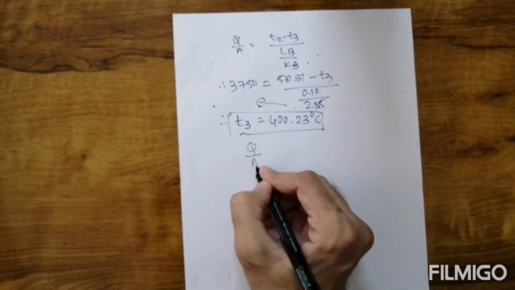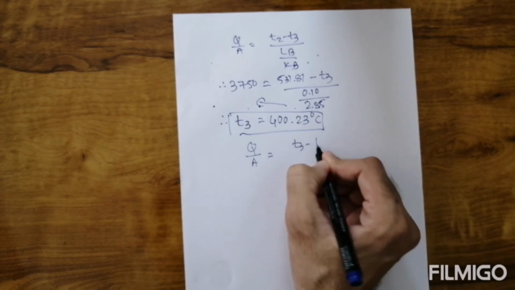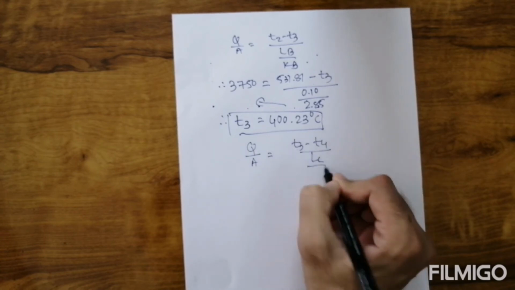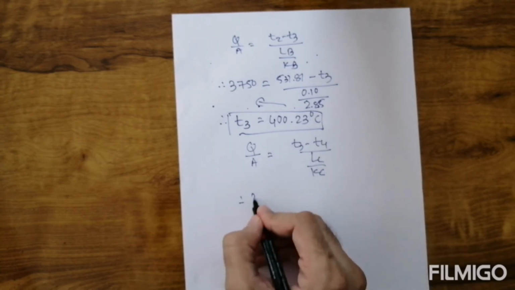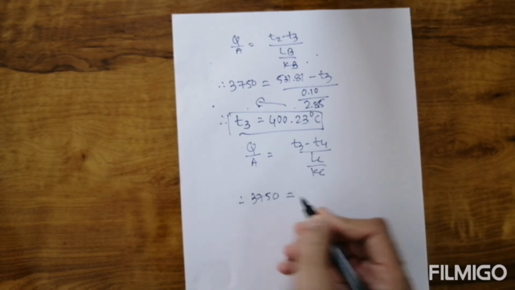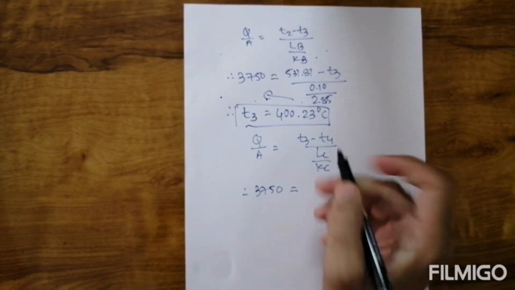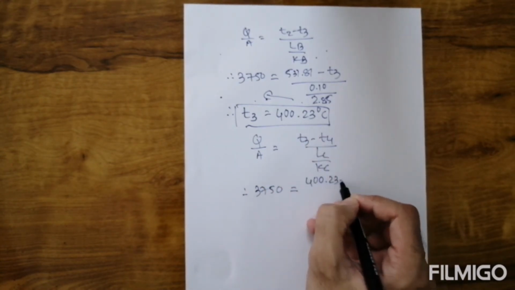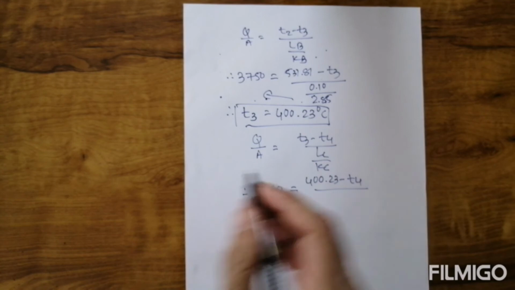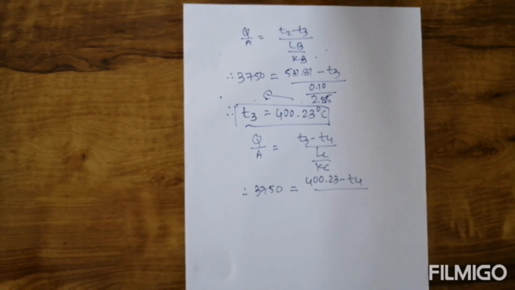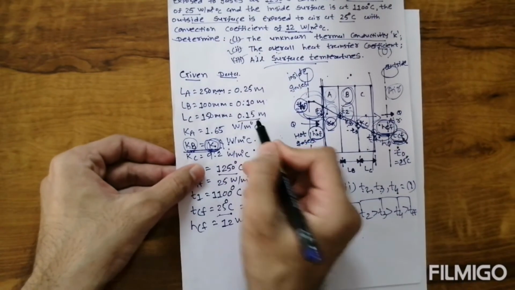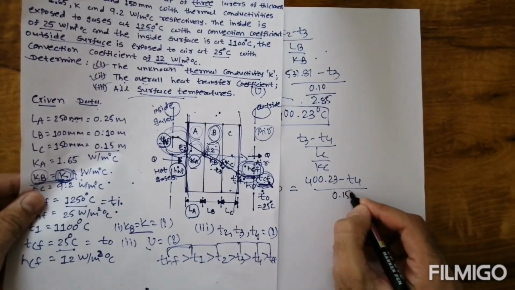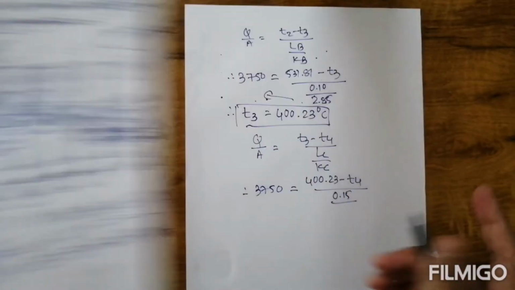We consider Q by A is equal to T3 minus T4 divided by LC by KC. Q by A is 3750, T3 is 400.23, minus T4 unknown, divided by LC by KC. LC is 0.15 and KC is 9.2.